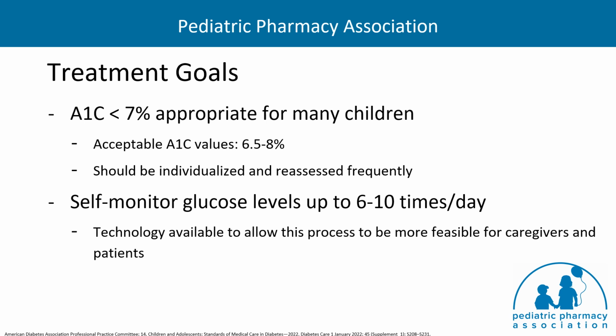The 8% is usually used for a history of severe hypoglycemia, limited life expectancy, or where the harms of treatment are greater than the benefits. We always tell patients and their families to self-monitor glucose levels up to 6 to 10 times per day. We'll talk later in this presentation about technology that makes this process more feasible for caregivers and patients.